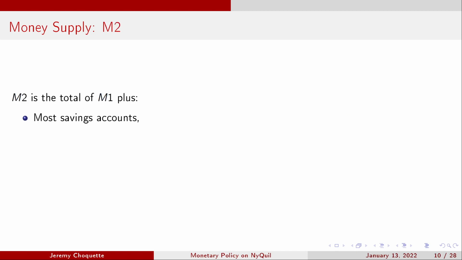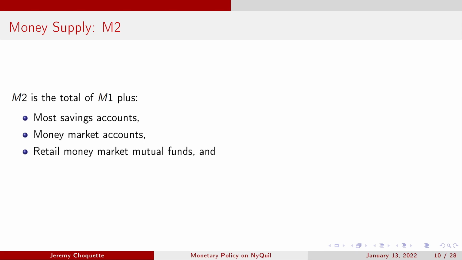Now, we're going to go up to M2. This is a slightly broader measure of the money supply, and this is the measure of the money supply that is most commonly referred to. If anybody's ever saying, oh, well, the money supply this, money supply that, they're usually talking about M2. Now, M2 is everything included in M1 plus most savings accounts.